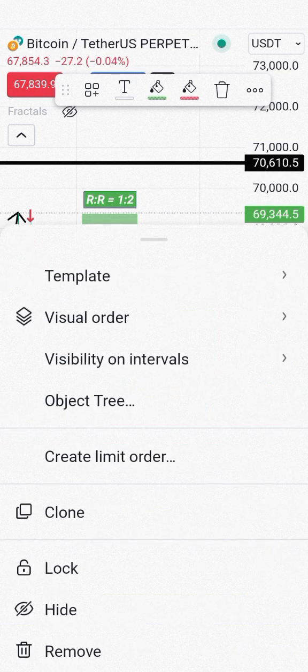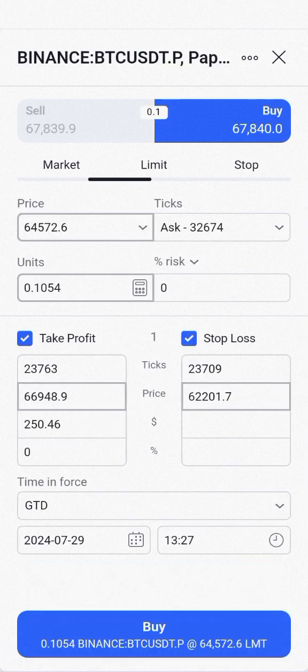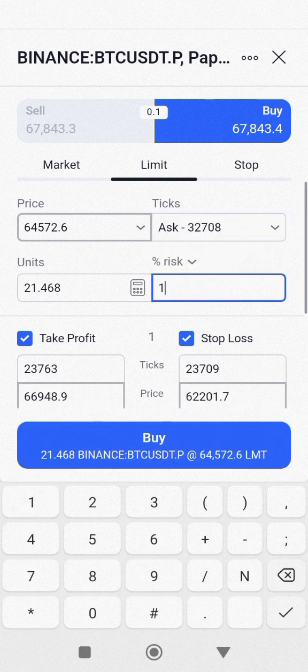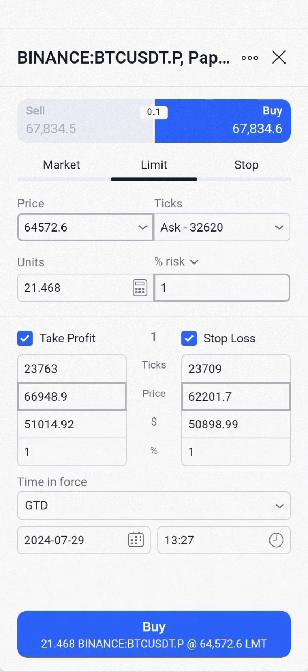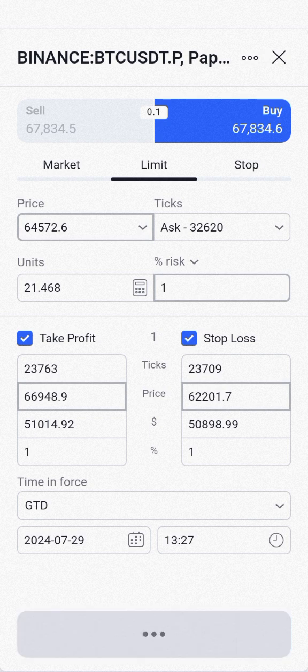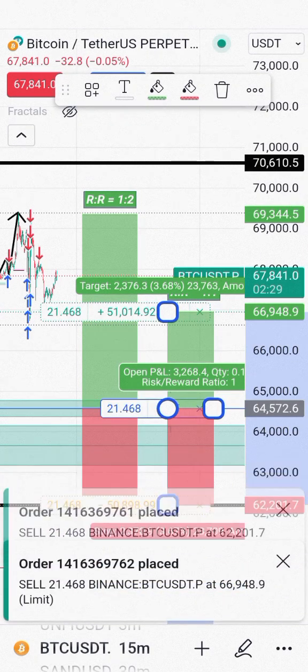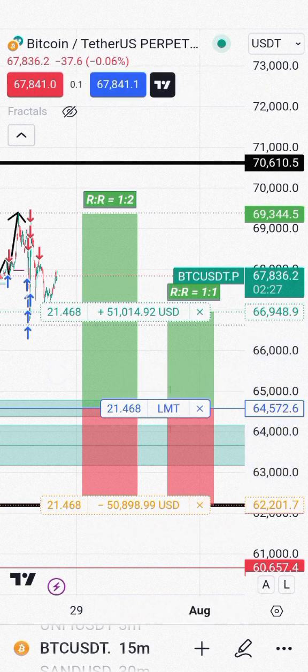Yep, that is it. So we're going to place our trade. Click on create limit order. We're using 1% of our capital per trade. So we click on create, and that is it.